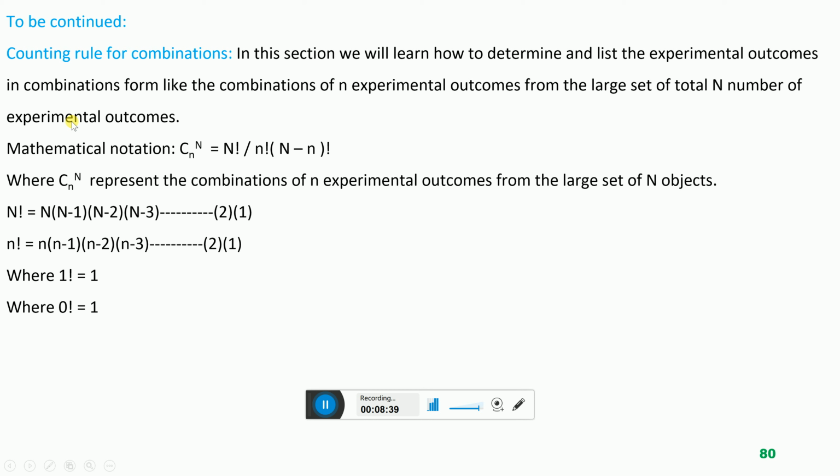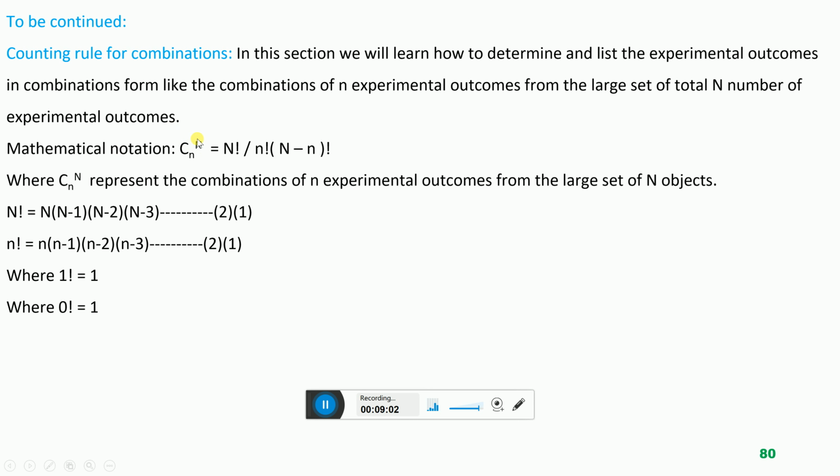And what is the mathematical notation? This is the mathematical notation. C represents combination. This capital N represents the entire data, the entire set of objects, the total experimental outcomes of an experiment.